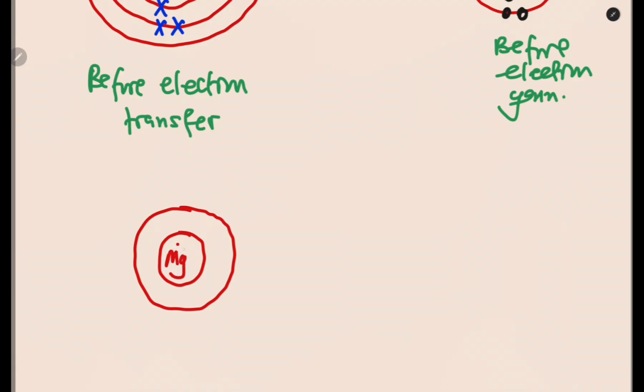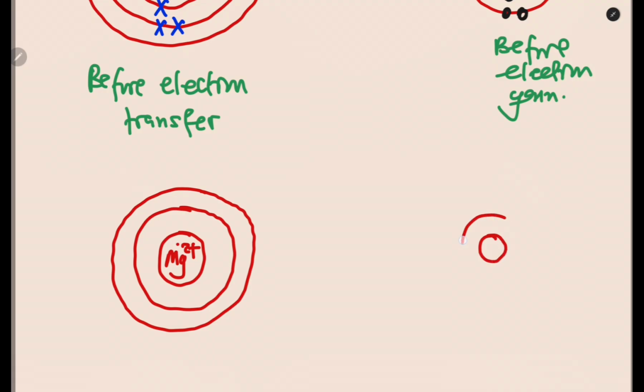This is magnesium positive. It is going to lose a shell, so therefore it will remain only with the 2 shells. So after electron loss, this side oxygen is going to maintain the 2 shells, but just that it has gained 2 electrons.